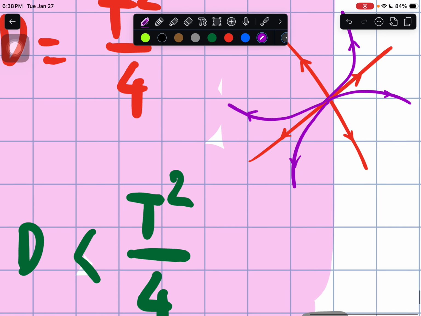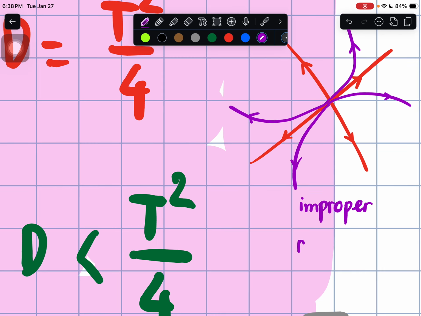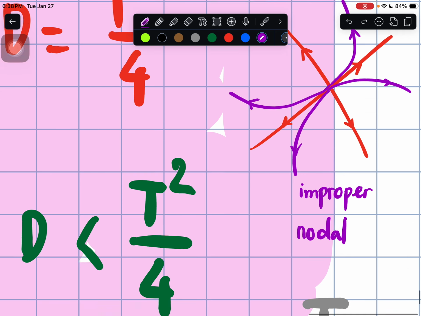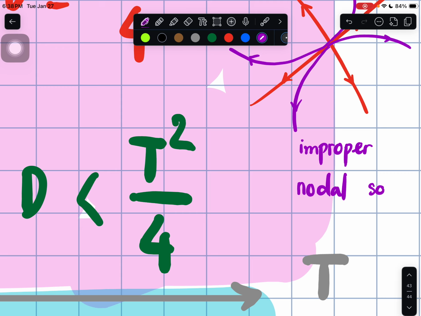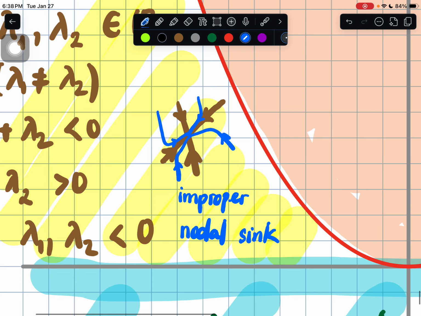Improper nodal source. And this case is unstable. Yeah, I should note the other side must be stable here.